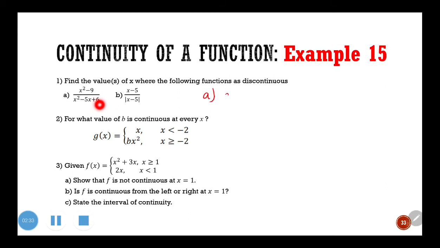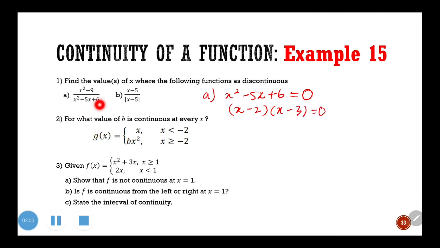We have x squared minus 5x plus 6. Do we have points where this becomes 0? This is a polynomial of power 2, or what we call a quadratic function. So x squared minus 5x plus 6, you may factor into (x minus 2)(x minus 3).